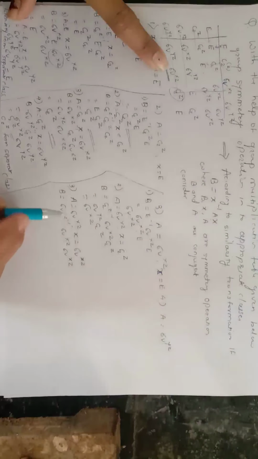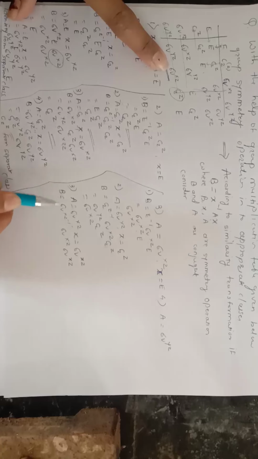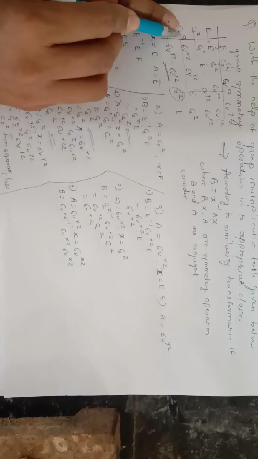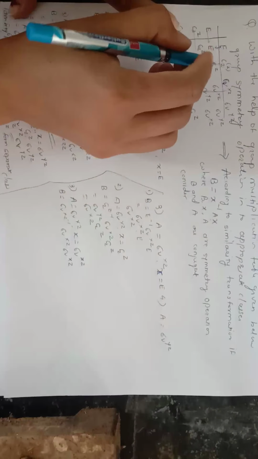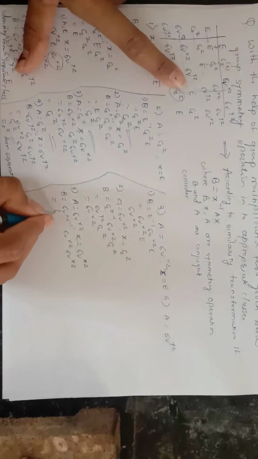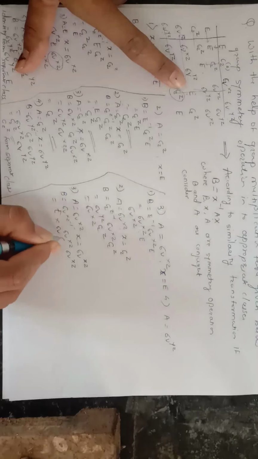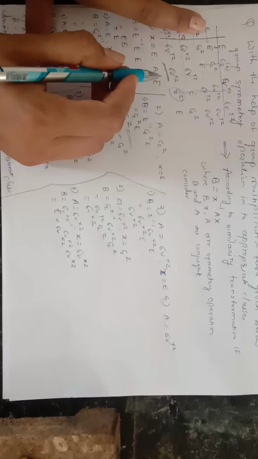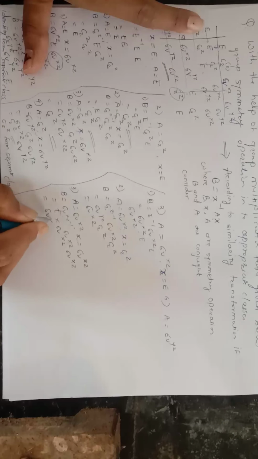Sigma V XZ inverse into sigma V XZ gives identity. Again sigma V XZ remains. Identity into sigma V XZ gives sigma V XZ.